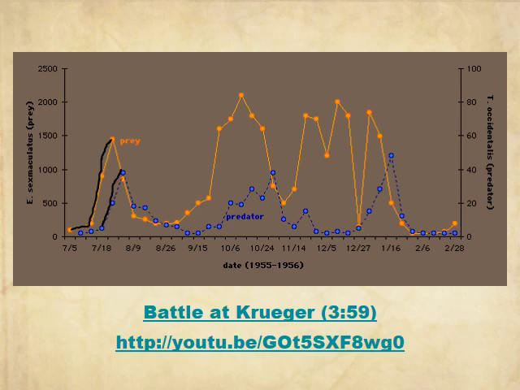As their population goes up, they're eating all of these prey, so the prey population starts to drop. And now there isn't a lot of food for this predator, so their population starts to drop. And now that there aren't a lot of predators, the prey population goes up. And then because there's a lot of food, the predator population goes up. So it's this cyclical one following the other.